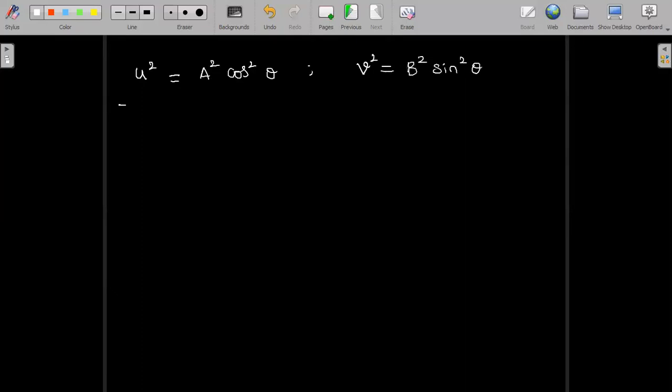Now let me divide by A square and B square. So u square by capital A square is equal to cos square theta, and v square divided by capital B square is equal to sin square theta.